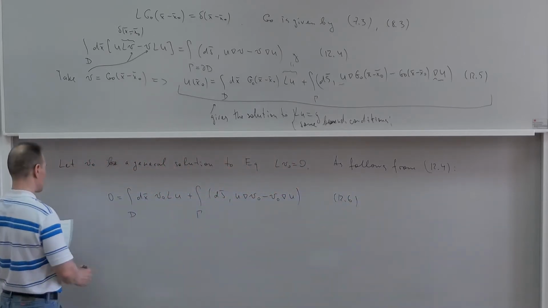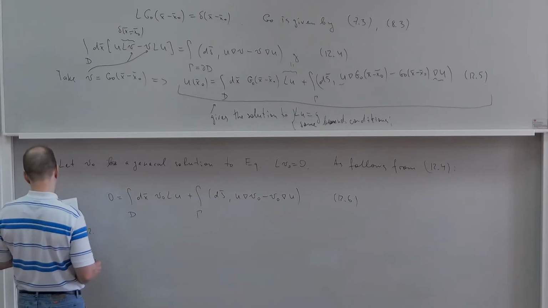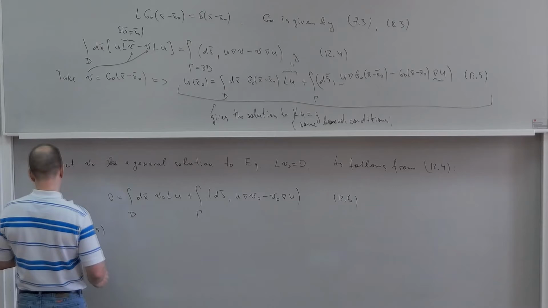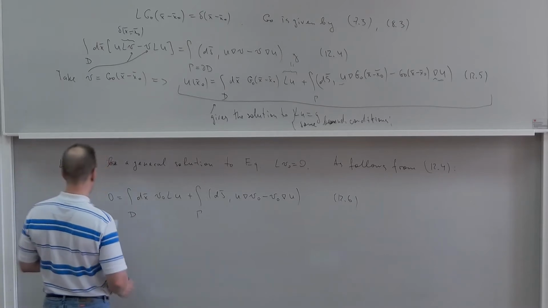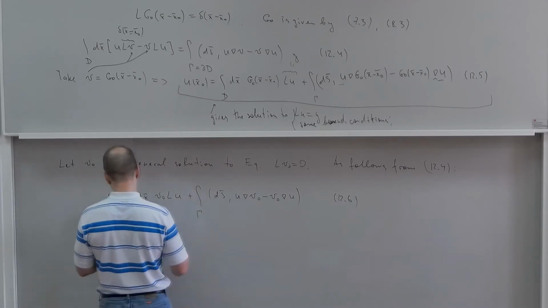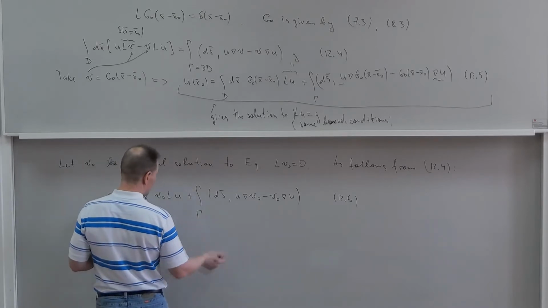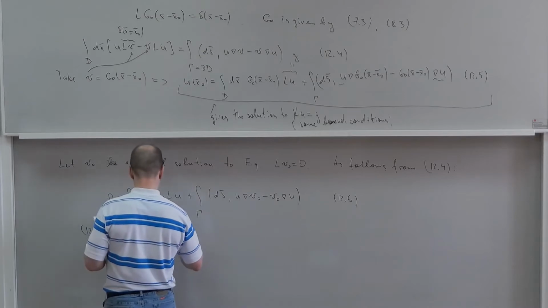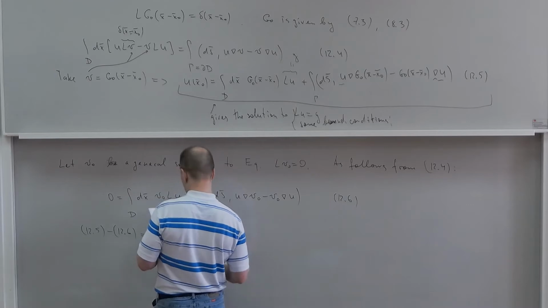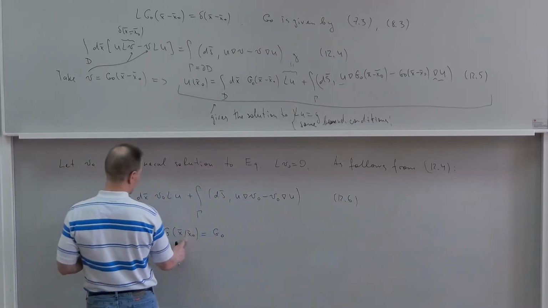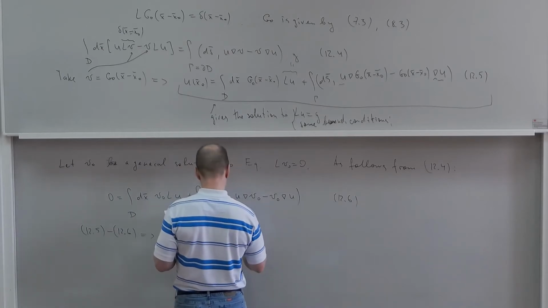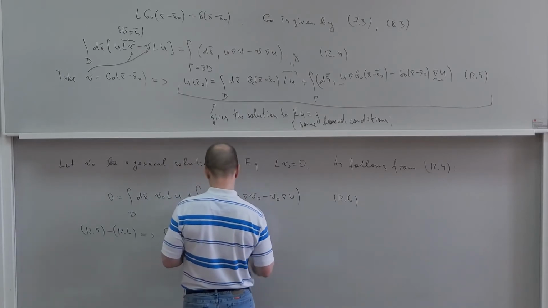Now we subtract (12.6) from 12.5 and obtain the equality where we denote as G(x, x0) the following combination.